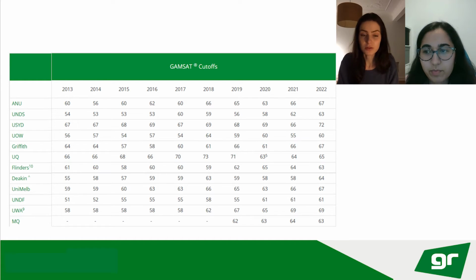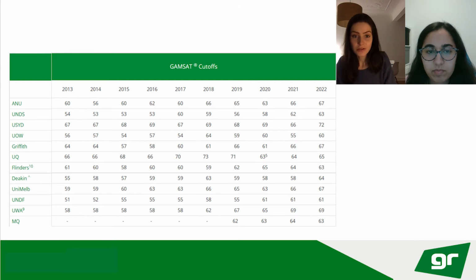So if any one of your sections falls below that, even if your overall score is still over 50, you won't be considered for an interview or admission. You usually do need scores quite a lot higher than this. As we said, these are just absolute minimum cutoffs. You do generally need scores higher than this to be lucky enough to get an interview offer and be considered for admission.